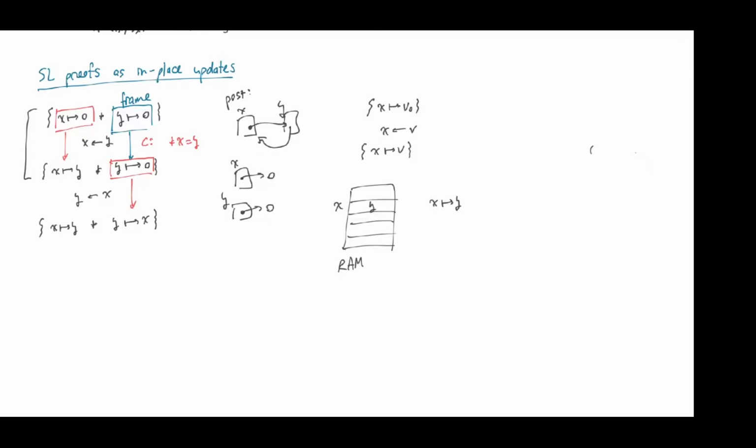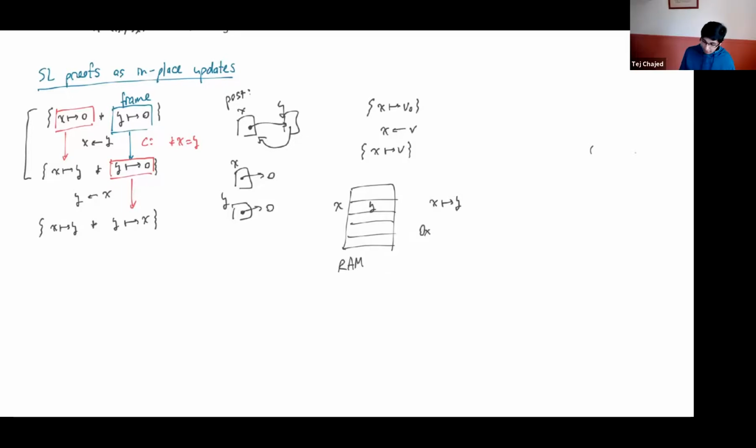The value of y is an address. Okay. Maybe it would actually help to make this concrete. So here is an example of how this might be true. I picked random small numbers.